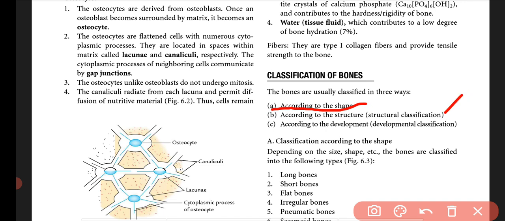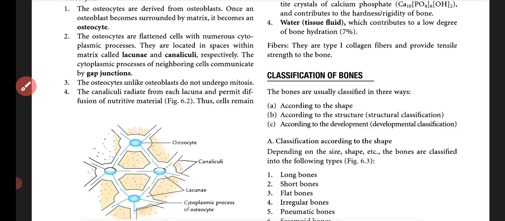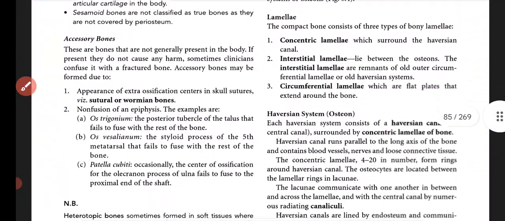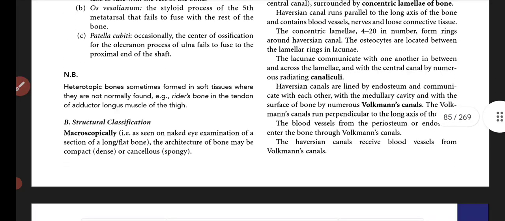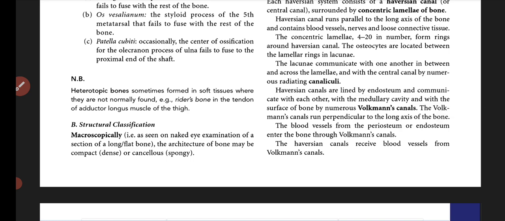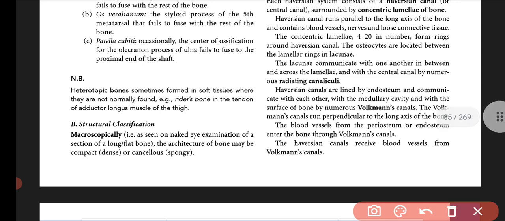Now we'll study the structural classification. Macroscopically, the architecture of bone may be compact, which is dense, or cancellous.